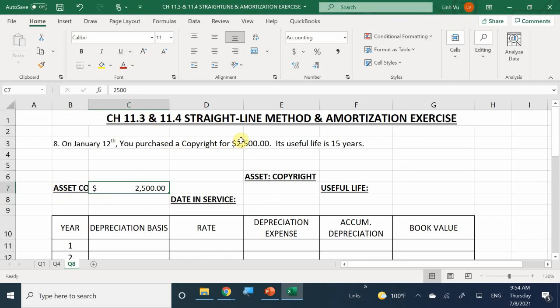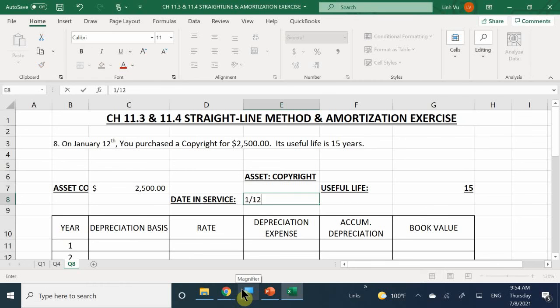Again, in this case, there is no salvage value because it expires at the end of its life. So there's nothing that it can hold a value for. The value is determined based on how much you keep renewing it for. And here, estimated useful life, 15. And last but not least, when did we place this asset into service? The 12th of January.